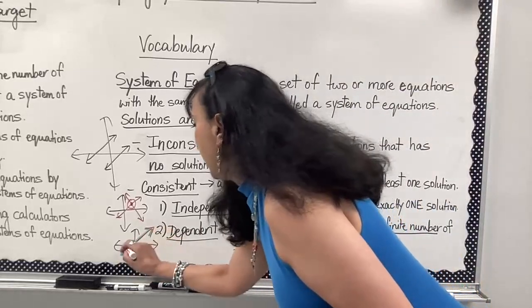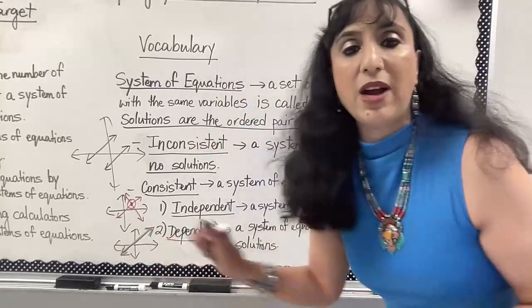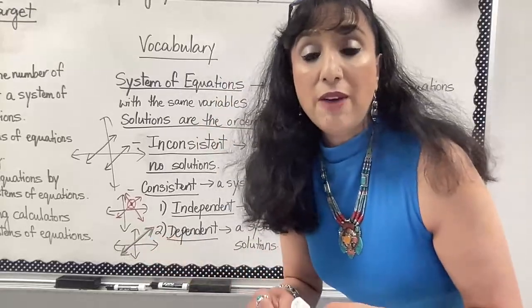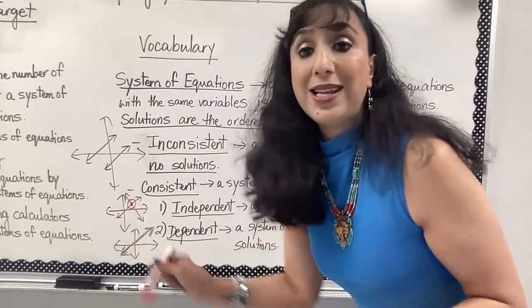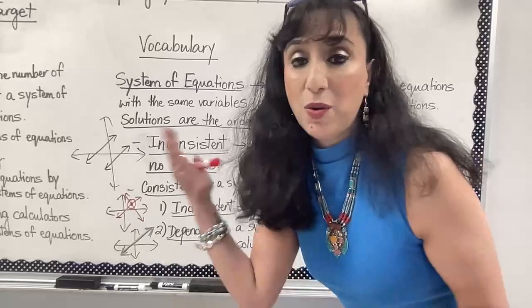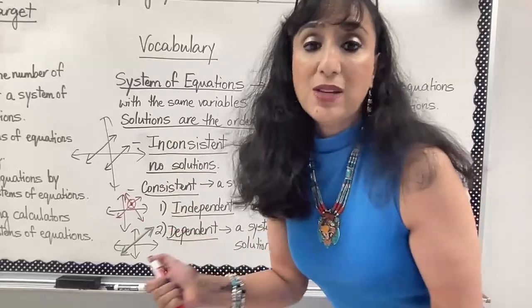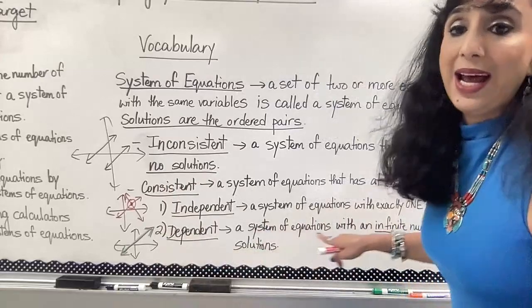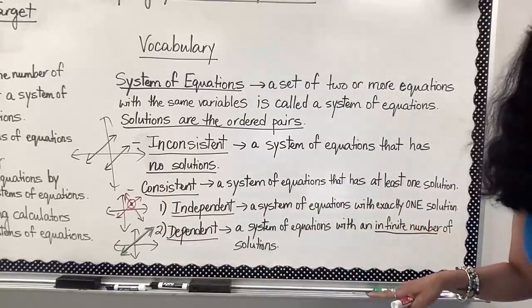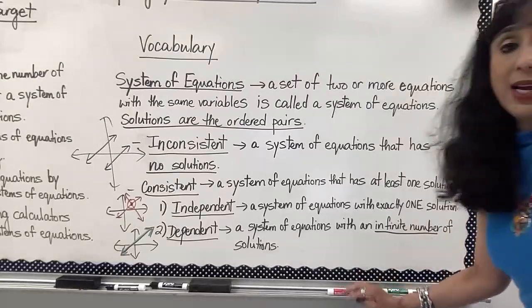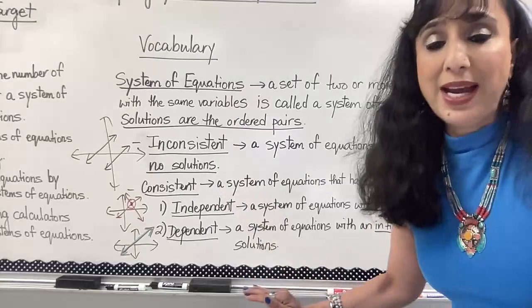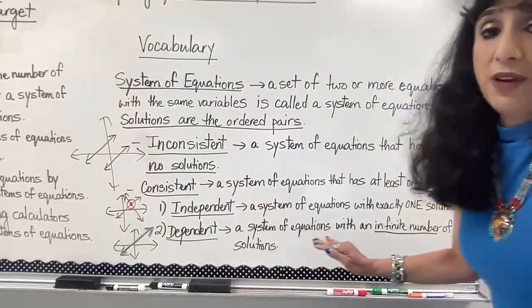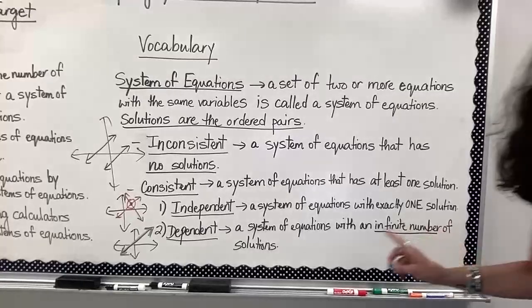The red one follows the same path as the green one. Therefore, every ordered pair on both lines is exactly the same. So this has an infinite number of solutions, and this is a consistent dependent system of equations.